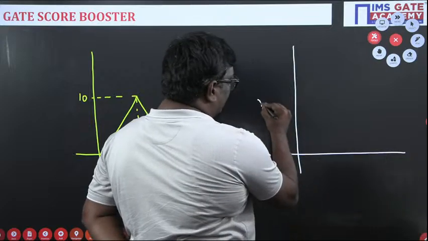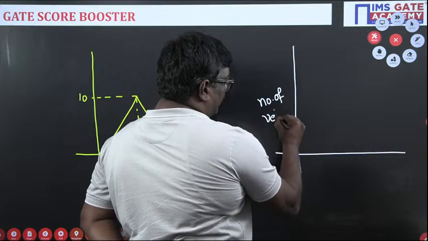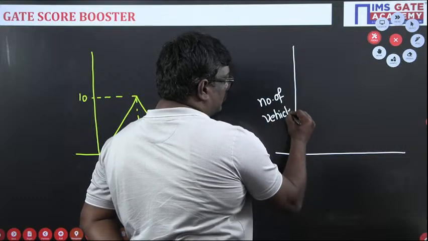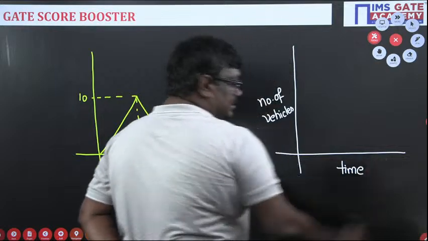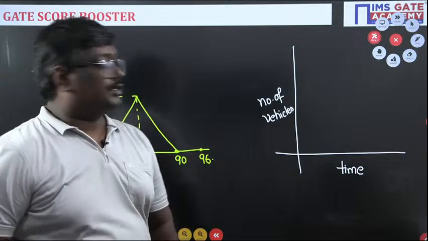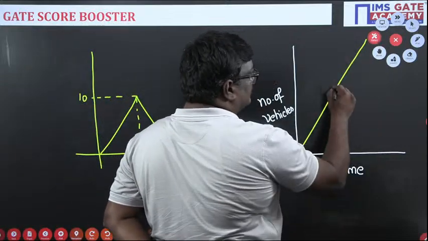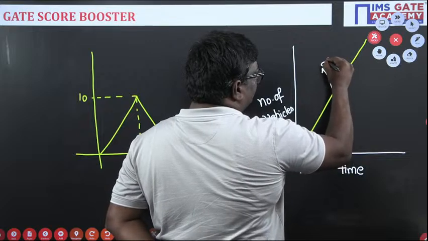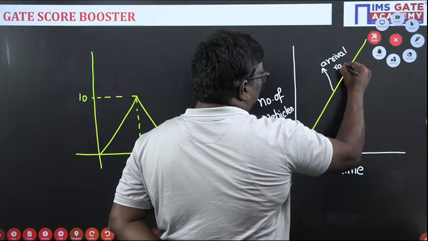Now see students, if I take cumulative number of vehicles on the y-axis, and if I take time t on the x-axis, this is very important if you can understand the diagram. This line indicates arrival rate. Okay, this indicates what, sir?